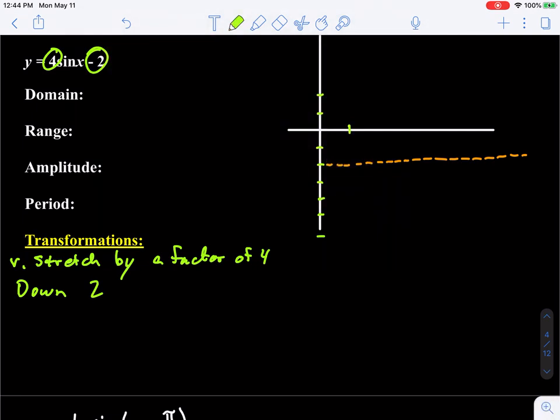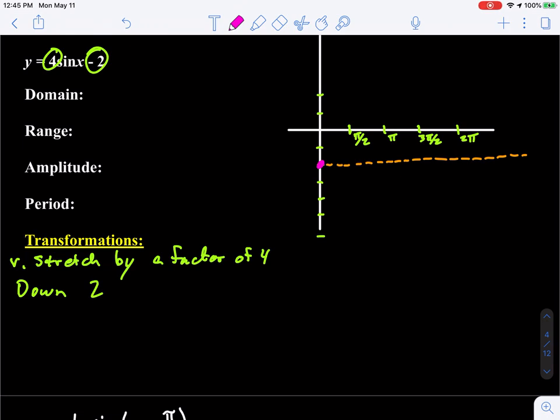We are going to be using the same x values as we did before, which were pi over 2, pi, 3 pi over 2, and 2 pi. Our graph will start on the central axis, and then it's going to go to the highest point.